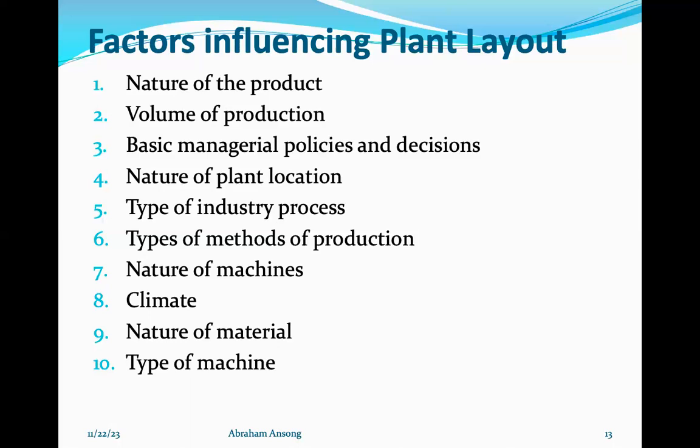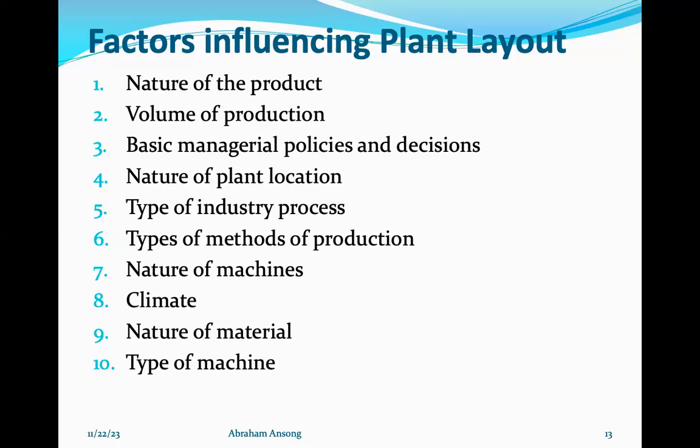Then basic managerial policies and decisions should also be considered in deciding the type of plant layout. The type of layout depends very much on the decisions and policies of the management to be followed in producing the commodity, with regard to the size of plants, kind and quality of the product, scope of expansion to be provided for, the extent to which the plant is to be integrated, amount of stocks to be carried at any time, the kind of employee facilities to be provided, and so on.